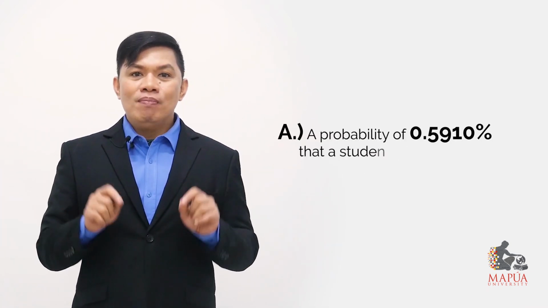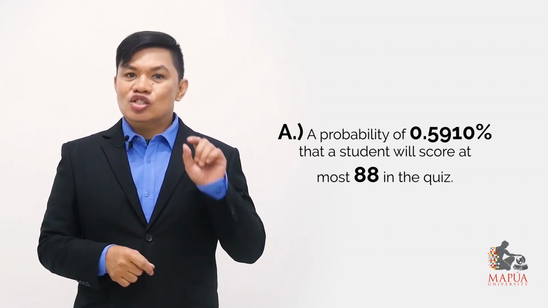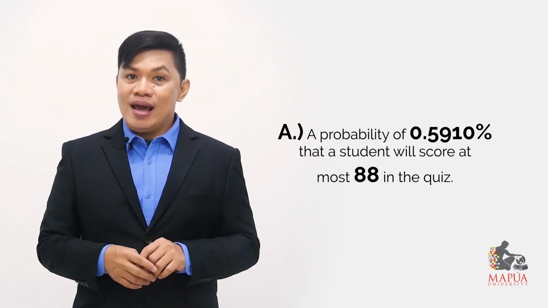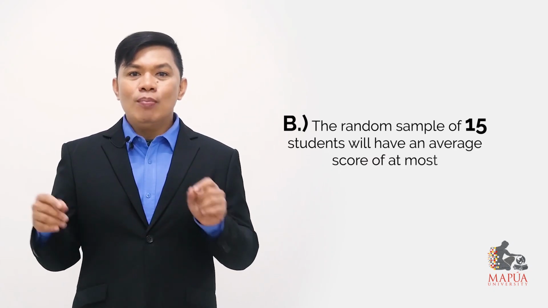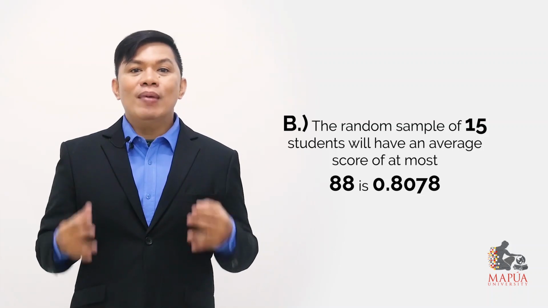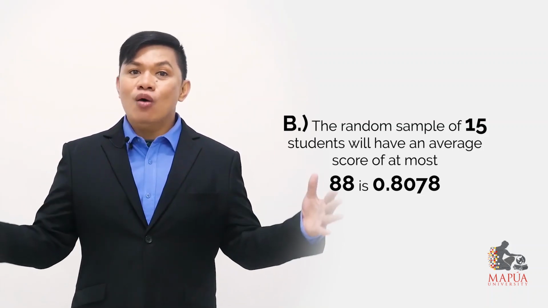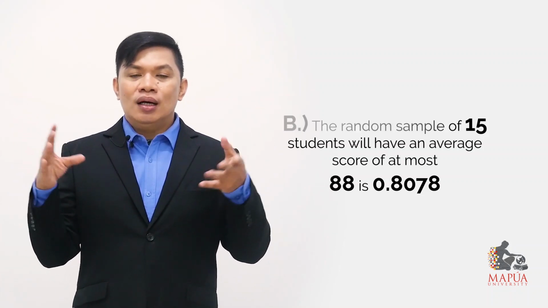In the first question, there is a probability of 51.9% that a student will score 88 or less. But in the second, we have a probability of 80.78% that a group of 15 students will have an average score of 88 or less. So you see how we use the probability of z and transform from x to z and from x bar to z.